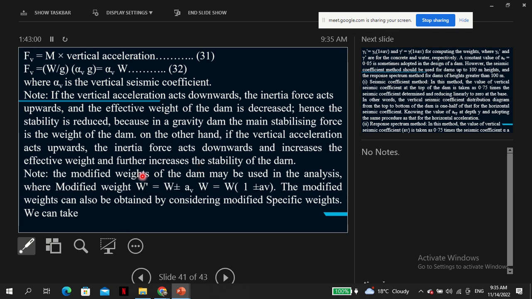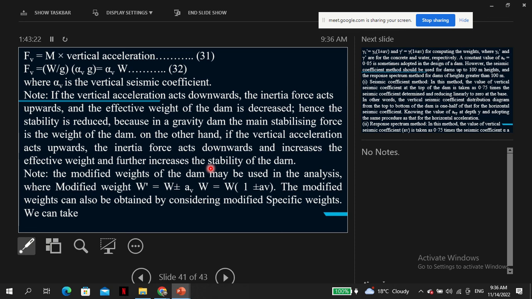Hence, the stability is reduced because in a gravity dam, the main stabilizing force is the weight of the dam. On the other hand, if the vertical acceleration acts upwards, the inertia force acts downwards and increases the effective weight. If the inertia is acting downwards, in the same direction as the weight of the dam, you don't need to worry because the dam is more stable.